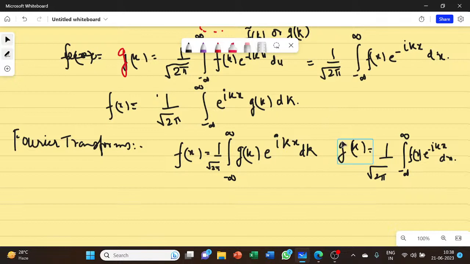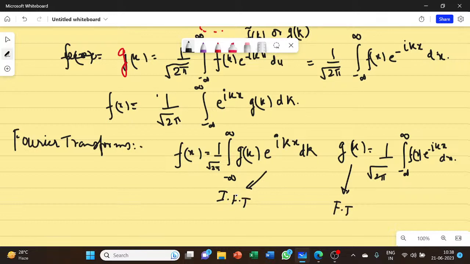So for example, if I say that my gk is the Fourier transform, this is my Fourier transform right now, then this will be my inverse Fourier transform.